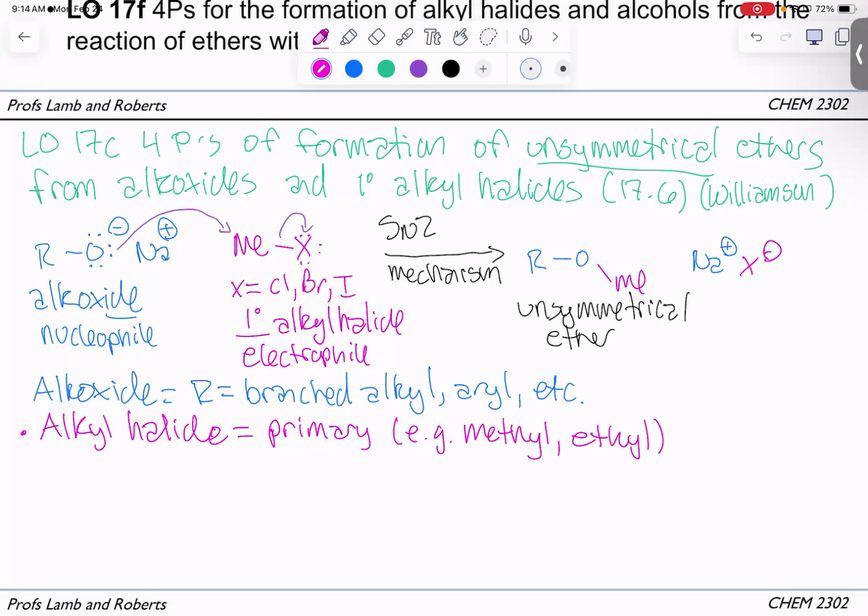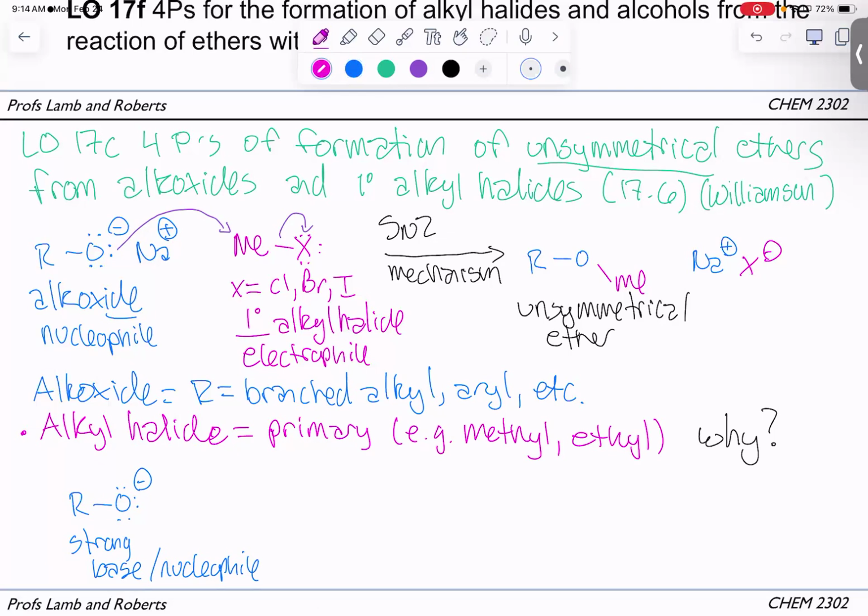Right, the reason is we're going to compete with E2 elimination mechanisms. All right, so if we had, for example, our alkoxide here, that's very strong base and nucleophile. If it's a strong base and a strong nucleophile, it can sort of behave as a base instead of a nucleophile.